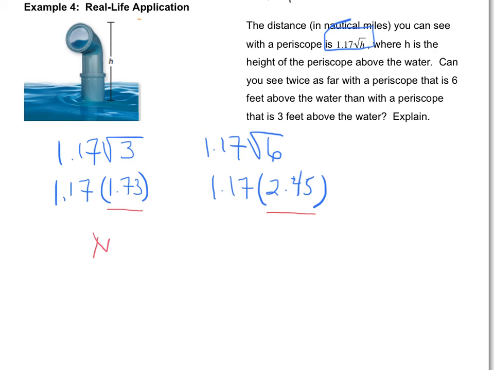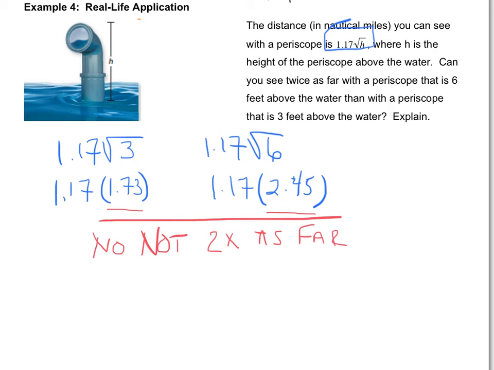The answer is no, not twice as far. So yes, 6 is twice 3, but the square root of 6 is not twice the square root of 3.